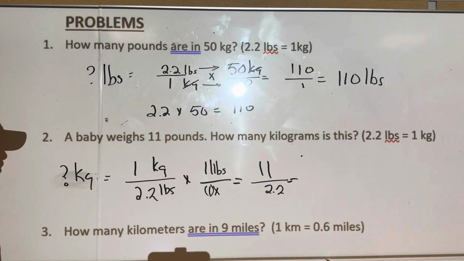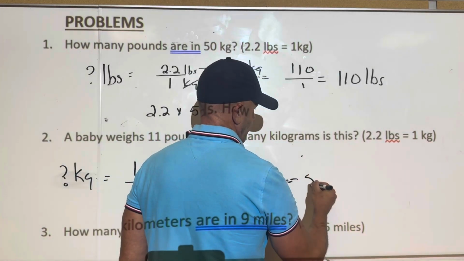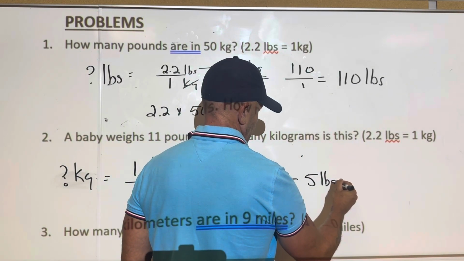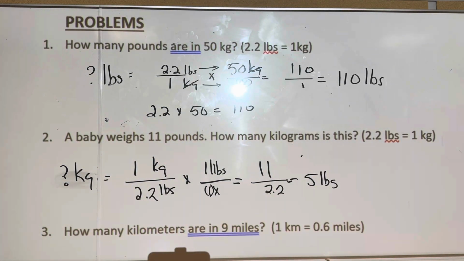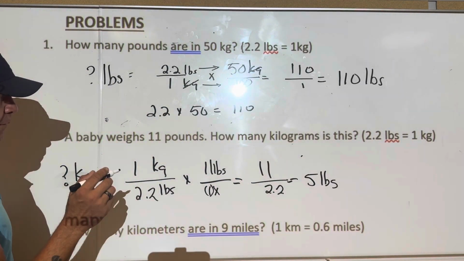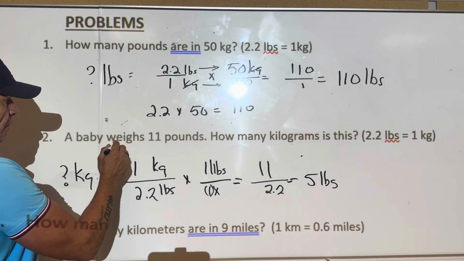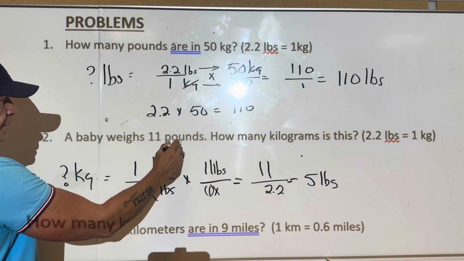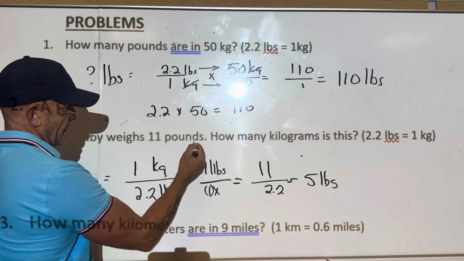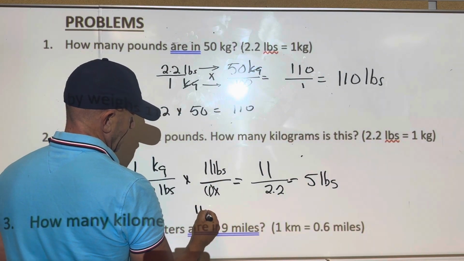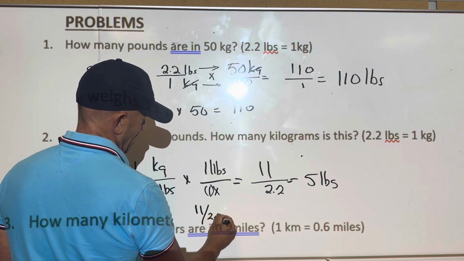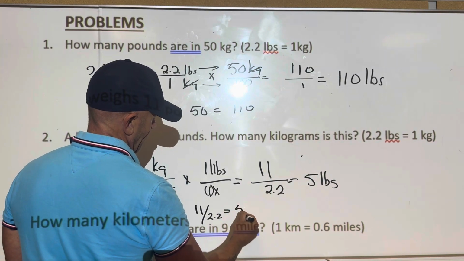It's 5. Now, as I just told you a while ago, if we convert from pounds to kilograms, we divide. So we take 11 divided by 2.2 equals 5.